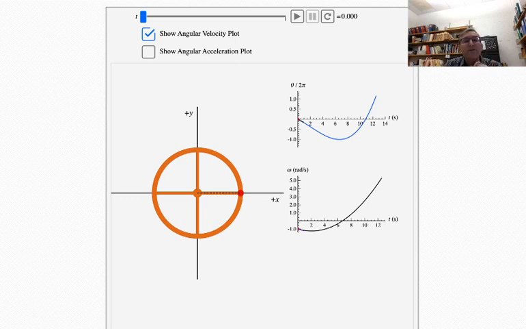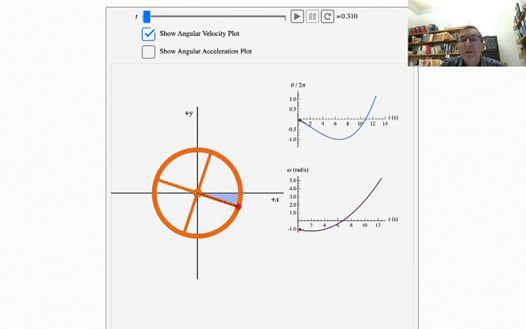So look at the angular velocity plot. Look at the red dot on it, and look carefully. There's a little colored line segment there, I think maybe it's blue, that is tangent to the omega curve. And the slope of that tangent tells you the sign of alpha.